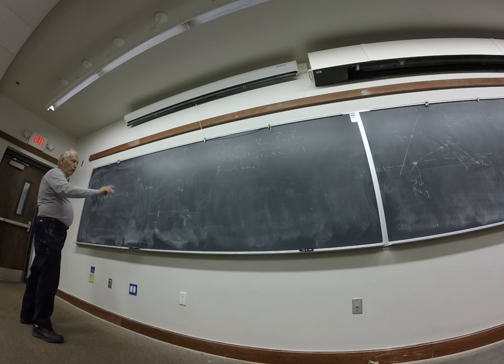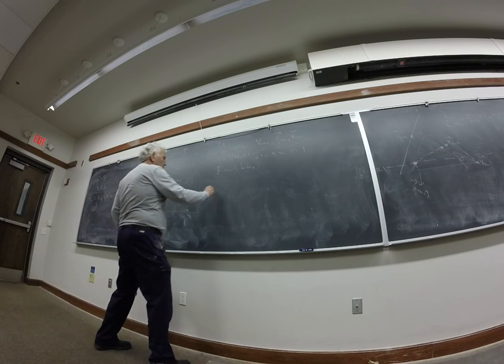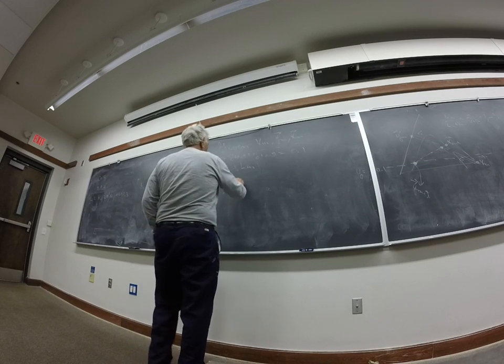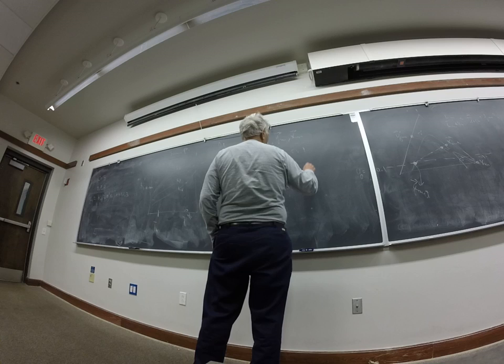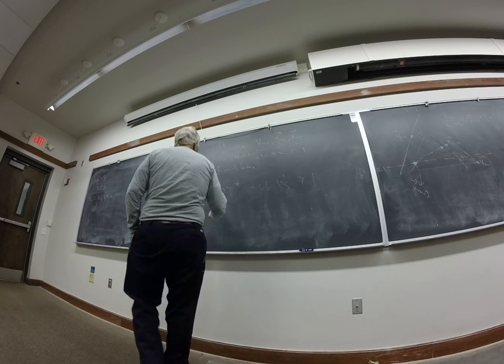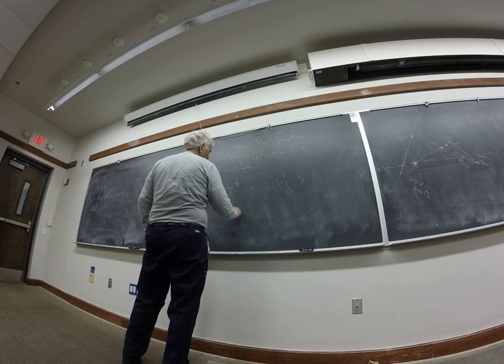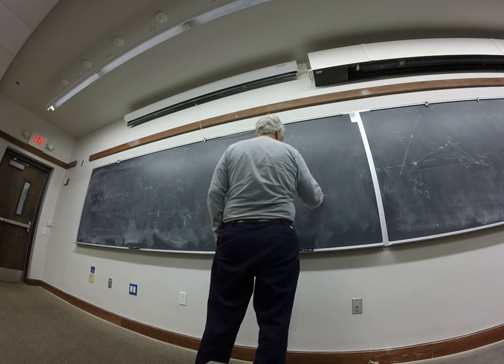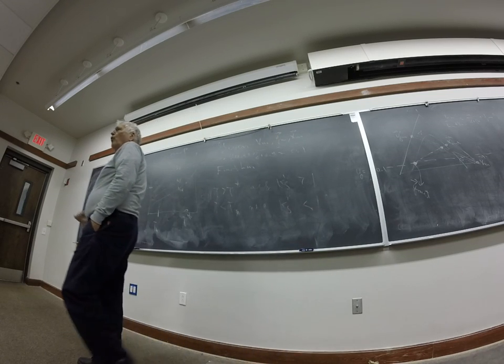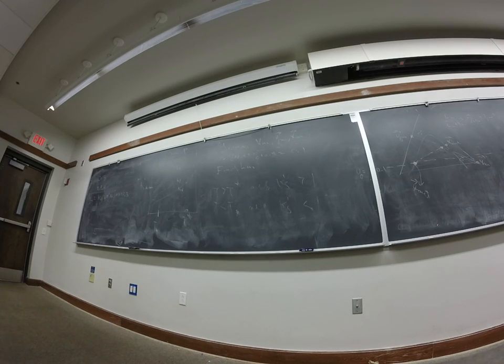For T greater than T up star, all K's are greater than 1. For T less than T down star, all K's are less than 1. So it's only between T down star and T up star that I can have K's on both sides of 1. And I'm badly going to need K on both sides of 1.